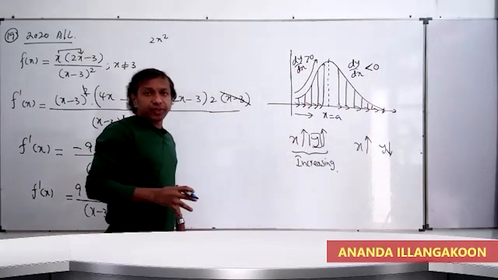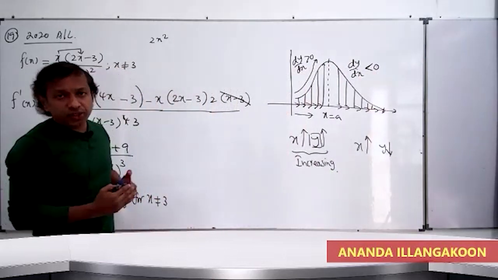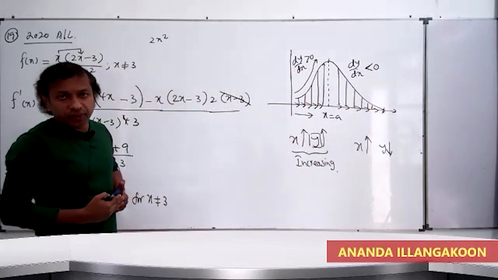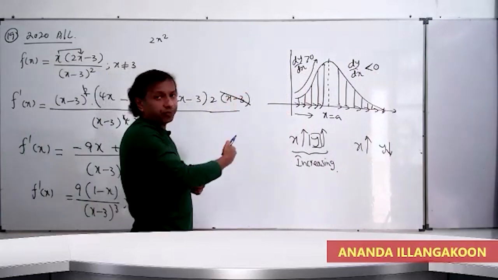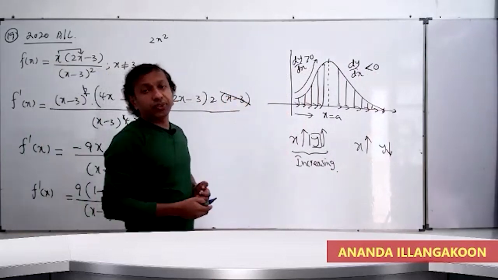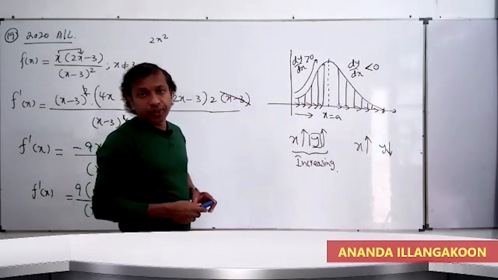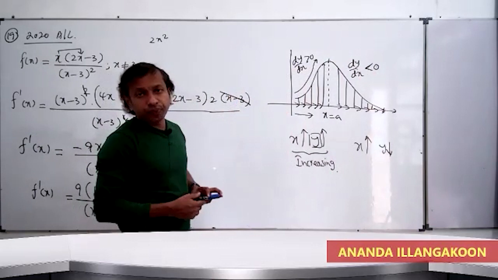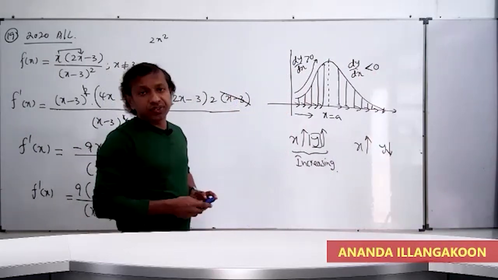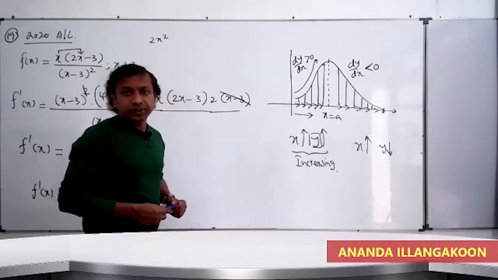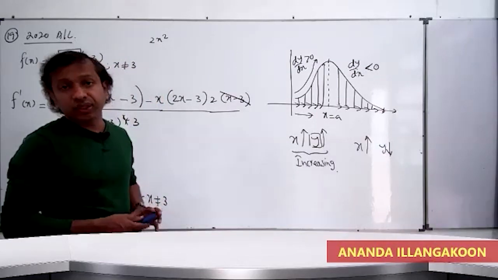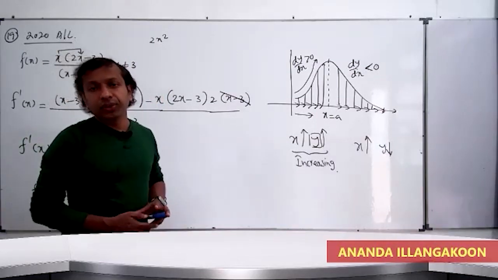The relation is: if the gradient is positive, as x increases, y increases, so the graph is increasing. If the gradient is negative, the graph is decreasing.